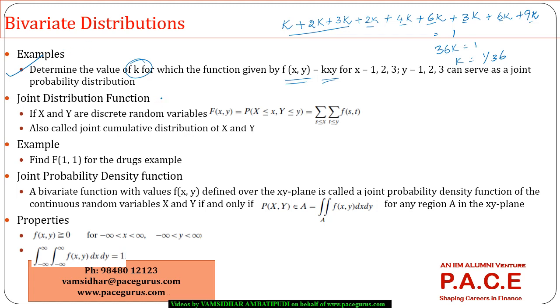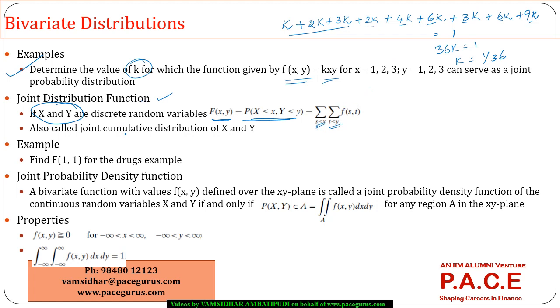Then the joint distribution function: just like the way we have evaluated the distribution function individually, we are also looking at the joint distribution function. If X and Y are discrete random variables, we are talking of capital F of x, y as a cumulative distribution function, wherein P of X less than or equal to x, Y less than or equal to y, and we are summing up all the individual probability functions where X is less than or equal to x and Y is less than or equal to y.